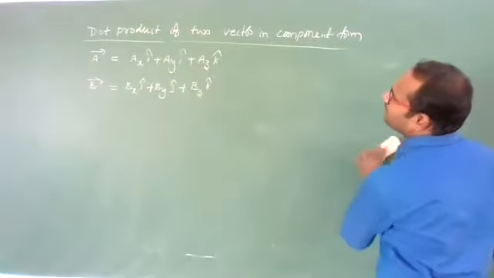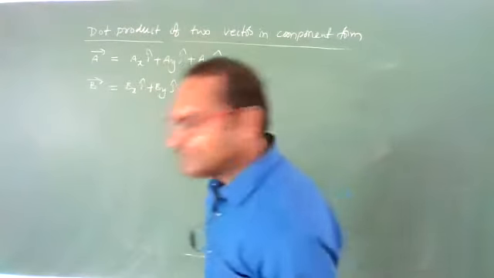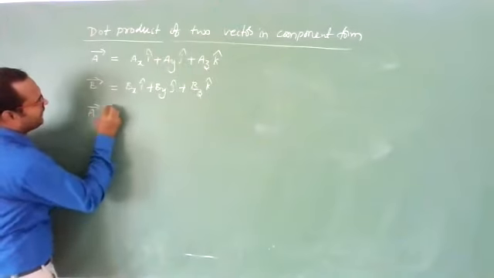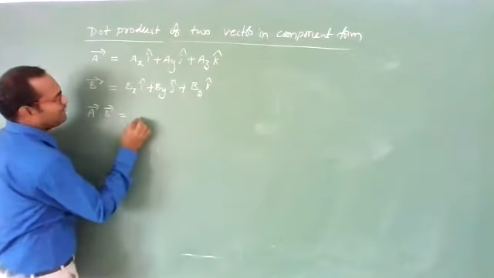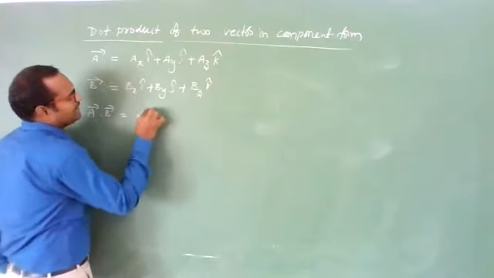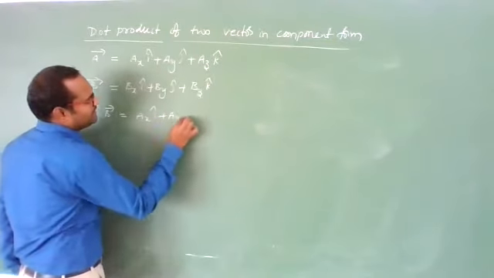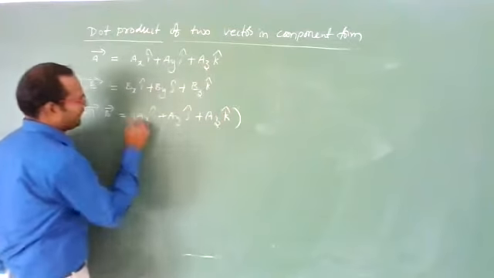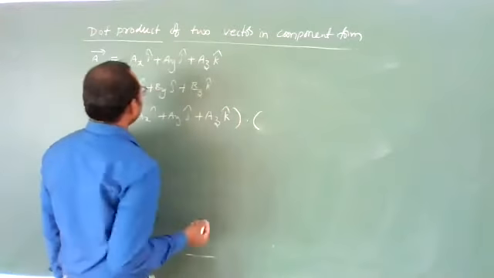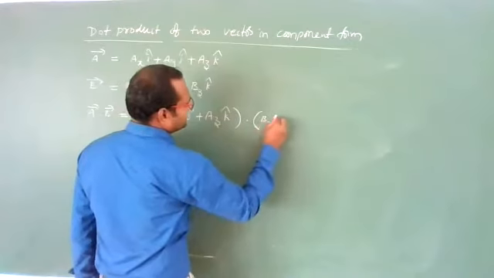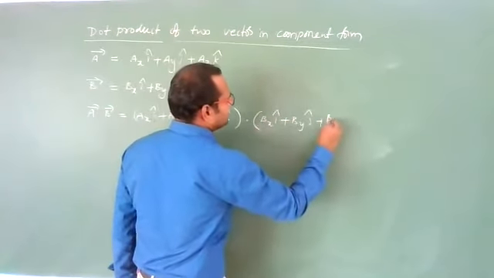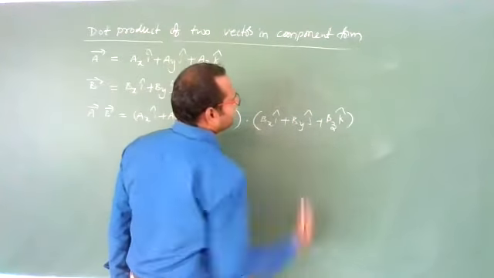Now, if you take the dot product between them, what you will get? Check. If you find a bar dot b bar, what you will get? The a bar value is ax i cap plus ay j cap plus az k cap, dot bx i cap plus by j cap plus bz k cap.